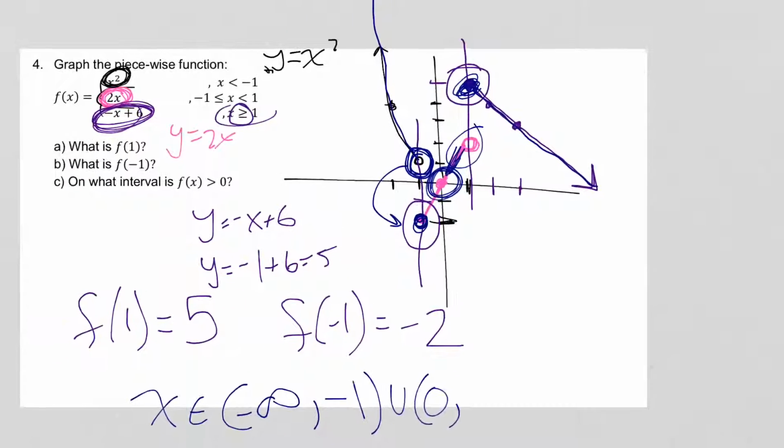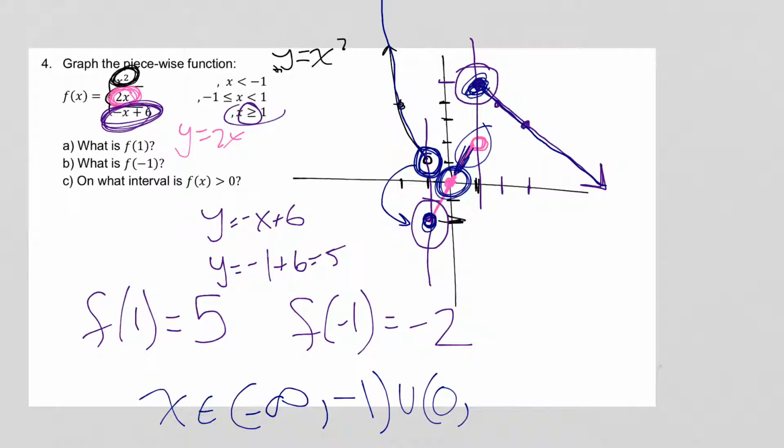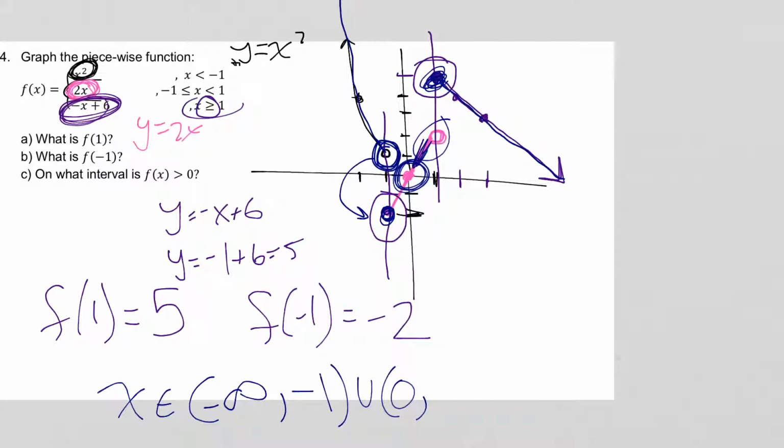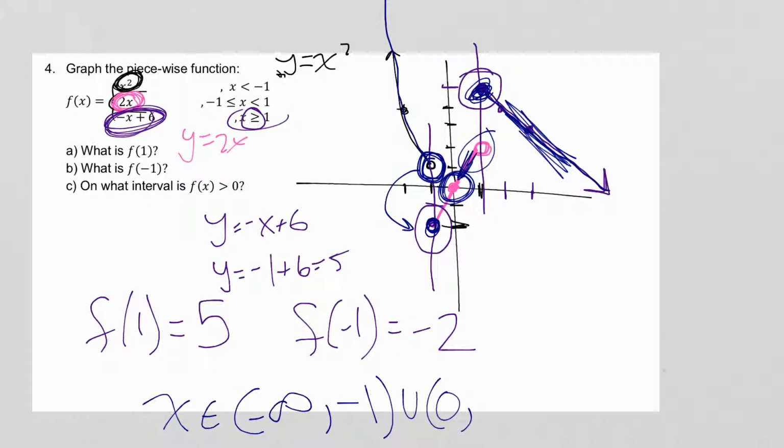When do I stop being positive? That's actually not super obvious, but we do know that this graph right here is represented by the function y equals negative x plus 6. And we could ask the question, when is this function, negative x plus 6, positive? Well, when is it greater than 0?